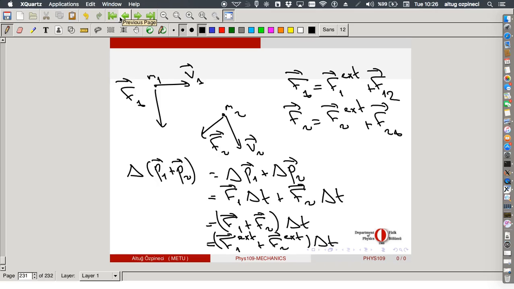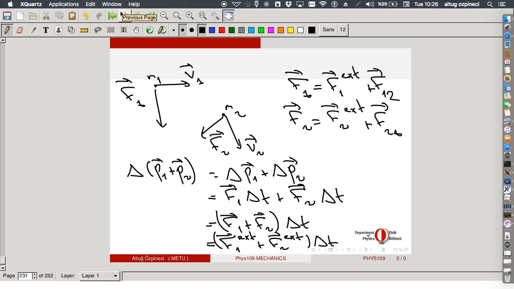But that reaction force, the force that my pen exerts on Earth, will be changing the momentum of Earth, and I'm not taking that into this total momentum. So the external forces don't seem to follow action-reaction pairs, mainly because the other member of the pair is not included in this sum. The other pair is acting on something else whose momentum I'm not calculating.